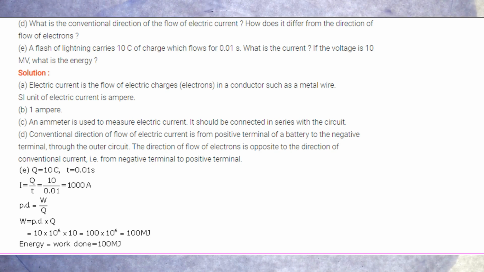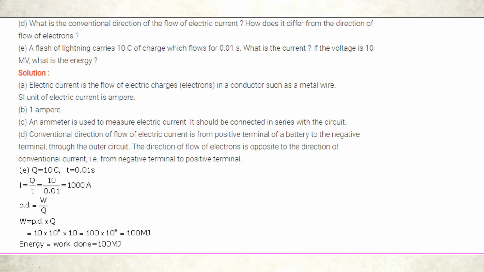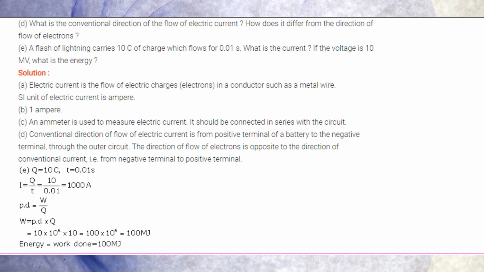A flash of lightning carries 10 C of charge which flows for 0.01 s. What is the current? If the voltage is 10 megavolts, what is the energy? Current is the flow of electrons in a metal that is denoted by SI unit ampere. Energy refers to the ability to do work and is denoted by SI unit joules.